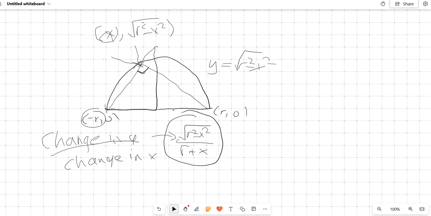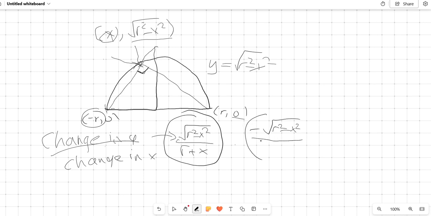Now let's do the same thing for our second line. To go from square root of r squared minus x squared to 0, we subtracted square root of r squared minus x squared. So our change in y for our second one is negative square root of r squared minus x squared. And now let's look at the change in x. We went from x to r.